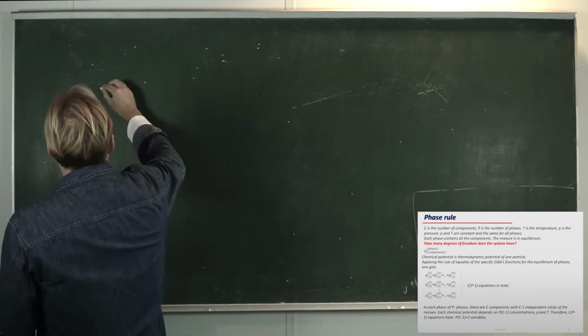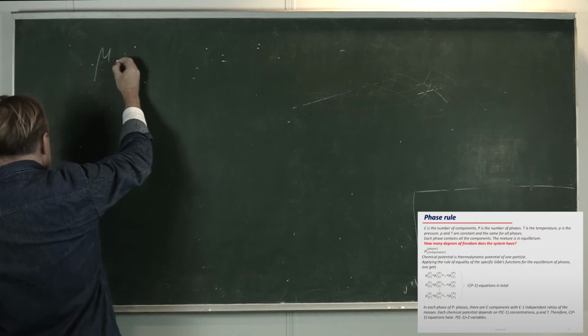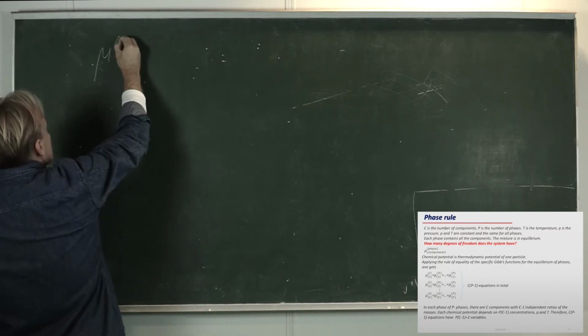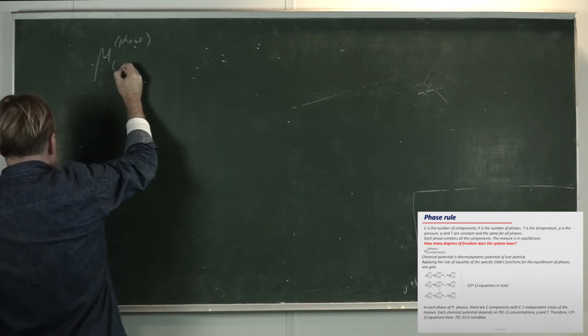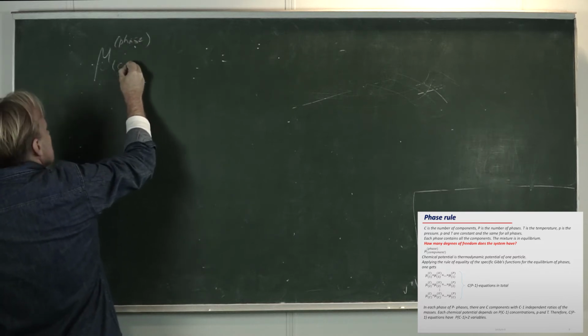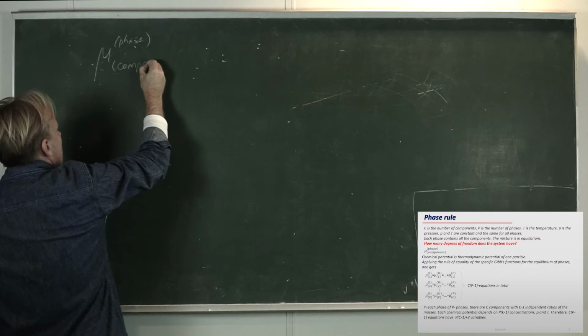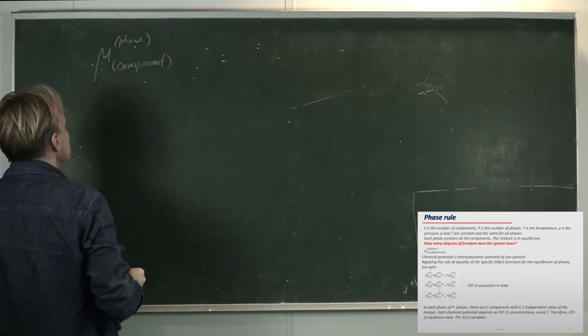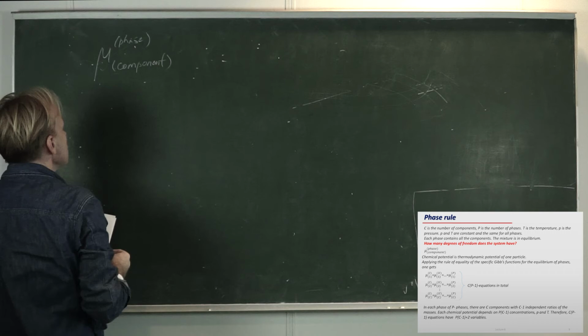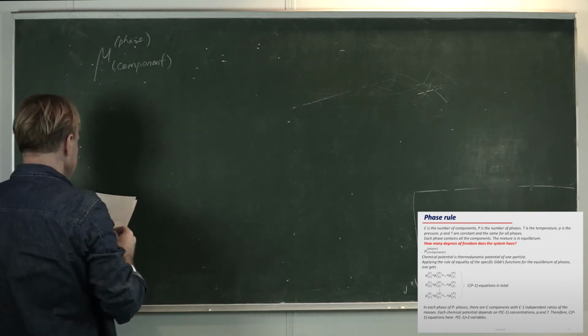As I said, I will talk about chemical potential, and for each chemical potential I will also define 2 indices. The first index will show me the phase, and the second index will show me the component.